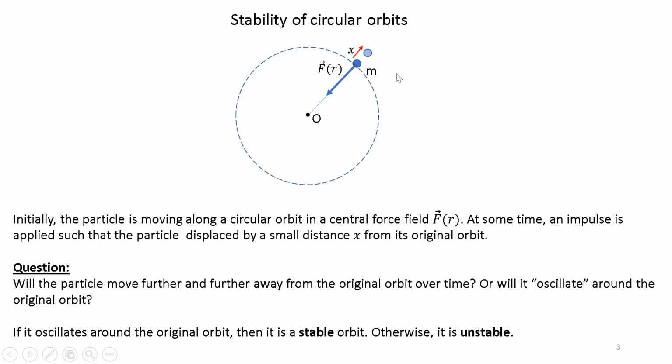Now suppose you give a small impulse to this particle, such that all of a sudden it is displaced a little bit, by a small distance x. Suddenly the particle is a little further away from the original orbit.